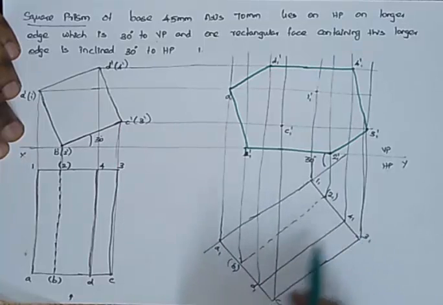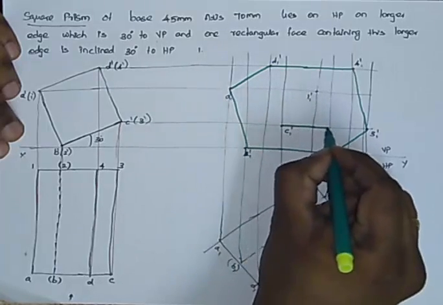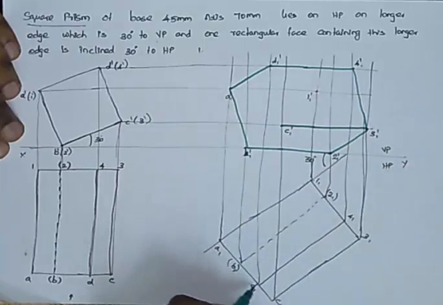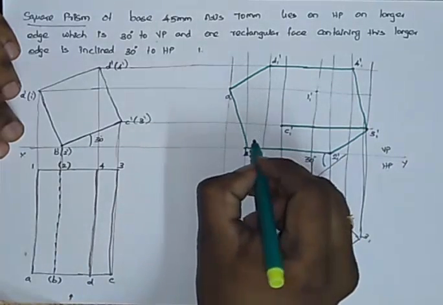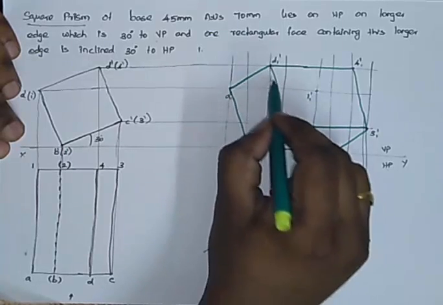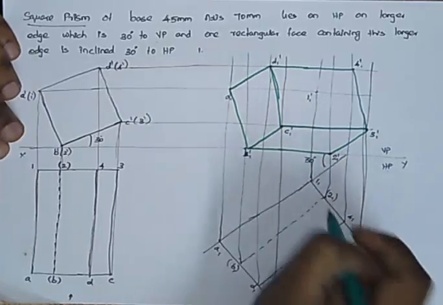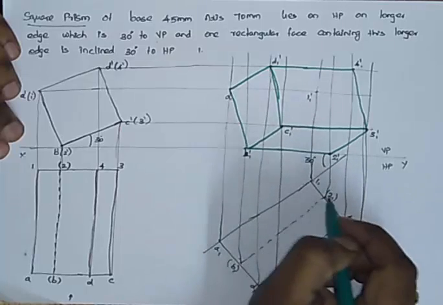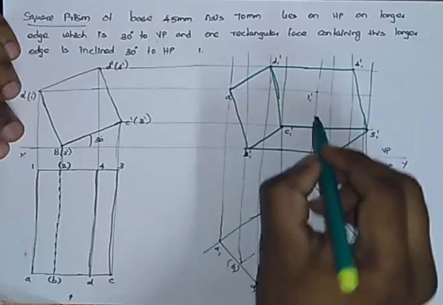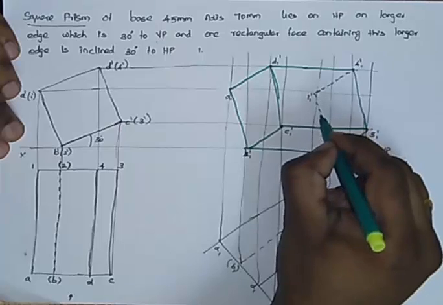If you draw an imaginary line, this polygon will be visible and 3C will be visible. All other edges will be invisible. So first make 3C with dark line, and AB, BC, CD, DA are visible edges, dark lines. Then 1, 2, 3, 4 are all invisible edges. 2, 3 is already thickened. So I am making these with dotted lines.